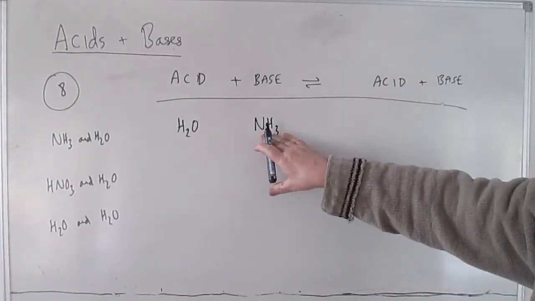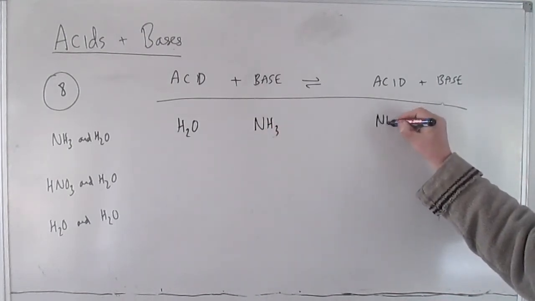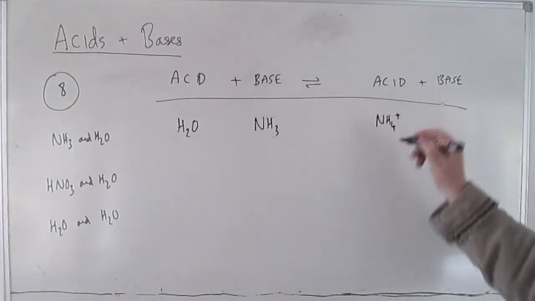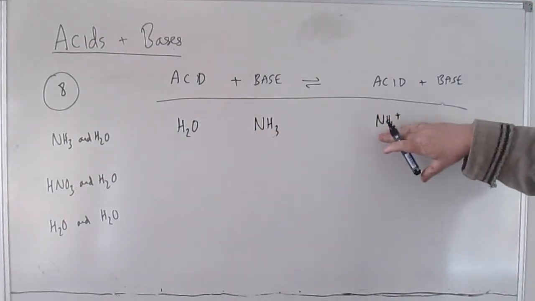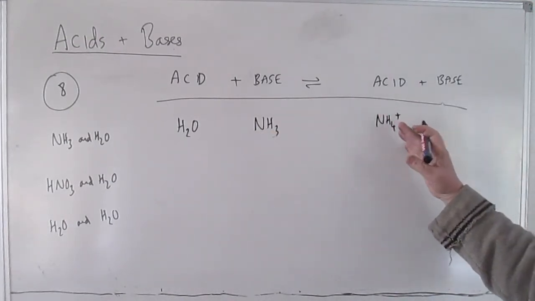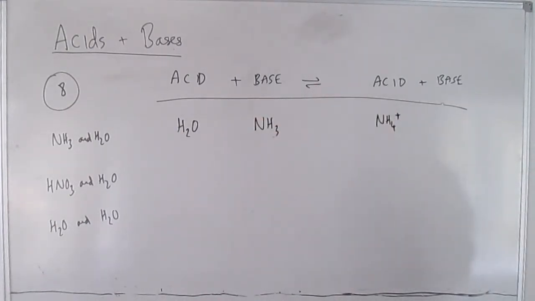So the conjugate acid of ammonia is going to be NH4+. Because when it picks up a proton, it becomes NH4+, and that could then function as an acid to donate the proton and go back again, and that's the point about the reversible sign.